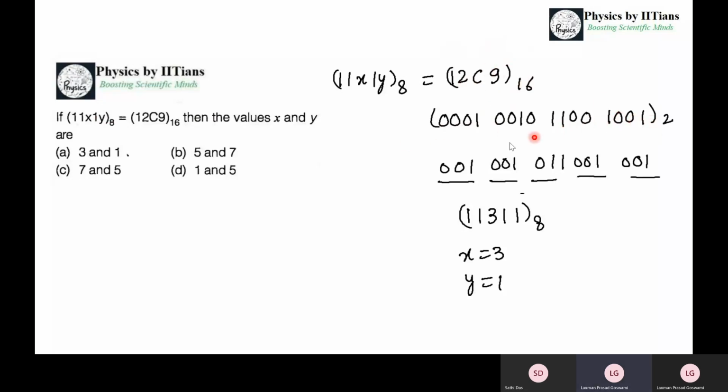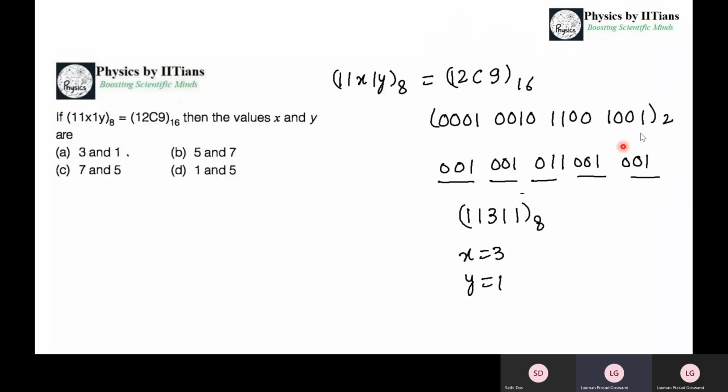Now we can change this into the octal number system by segregating these digits into groups of 3. So this first group will be 001, next group will be 001, third group will be 011, then 001, then 001. So we have first converted this hexadecimal into binary, then segregated this binary number into groups of 3 digits.